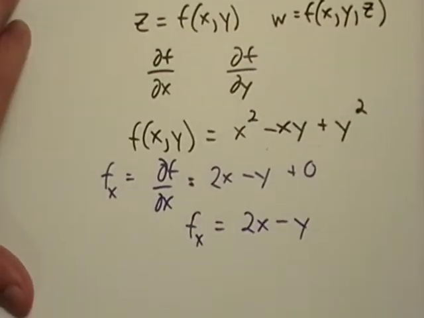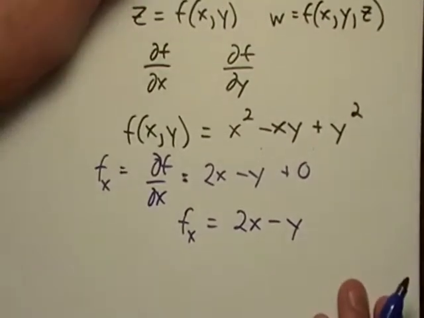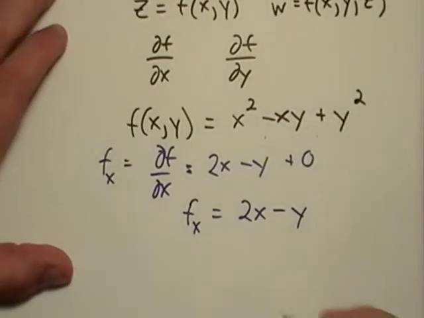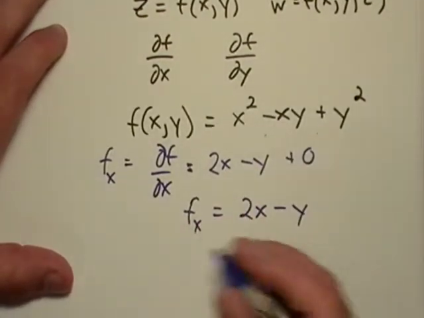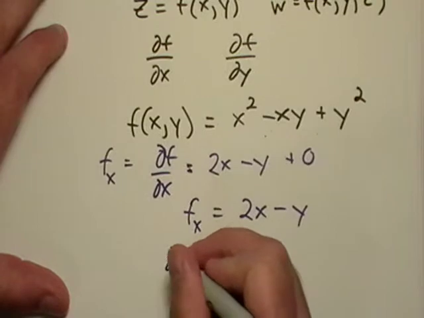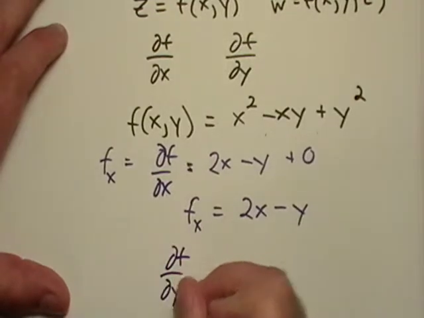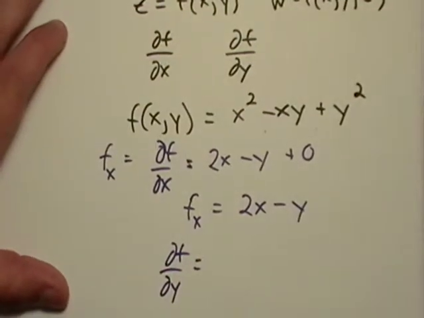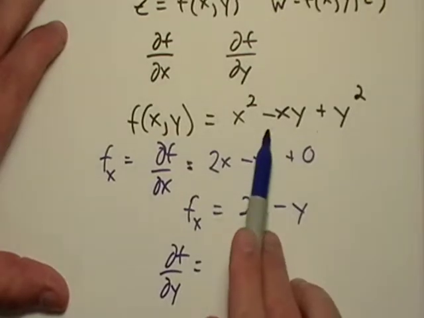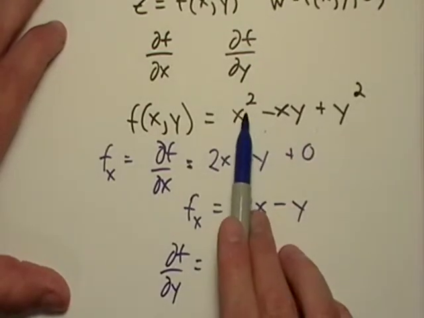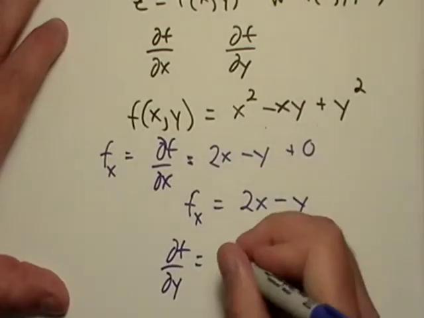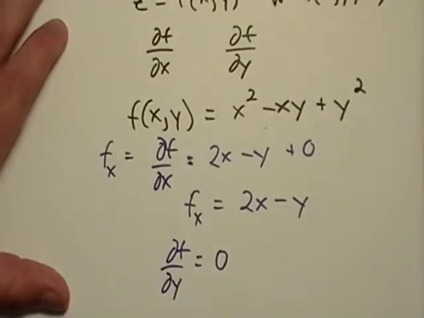Why don't we go ahead and knock out the partial with respect to y while we're at it? I'll use the other type of notation. Here's our original function. This time the x squared is just a constant, so the derivative of that is 0.